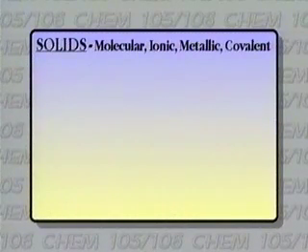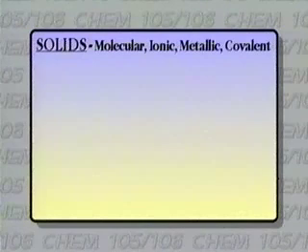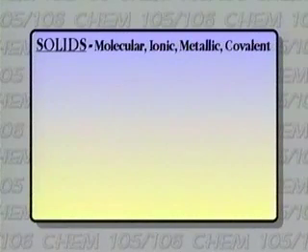We're going to look at 4 different types of solids: molecular solids, ionic solids, metallic solids, and covalent solids. And we'll look at some of the property differences, what accounts for the differences of these 4 types of solids.